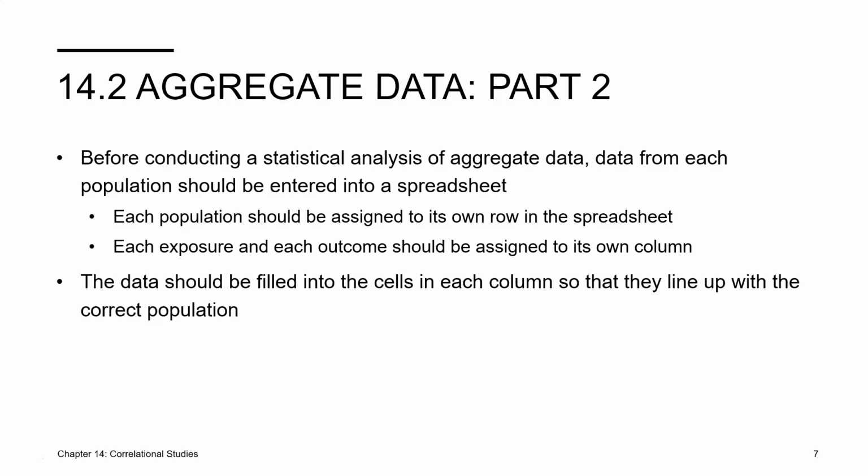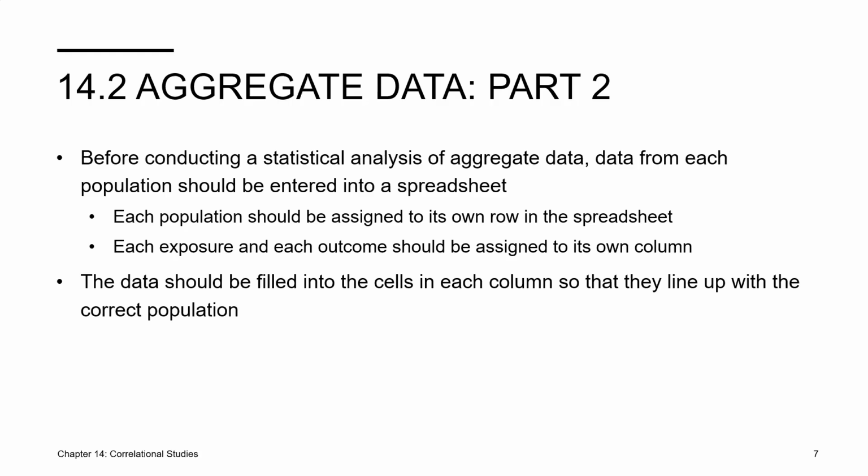Before conducting a statistical analysis of aggregate data, data from each population should be entered into a spreadsheet, and this could be manually entered, or through some sort of online survey tool that is very helpful for data entry. Each population should be assigned to its own row in the spreadsheet, and each exposure and outcome should be assigned to its own column.